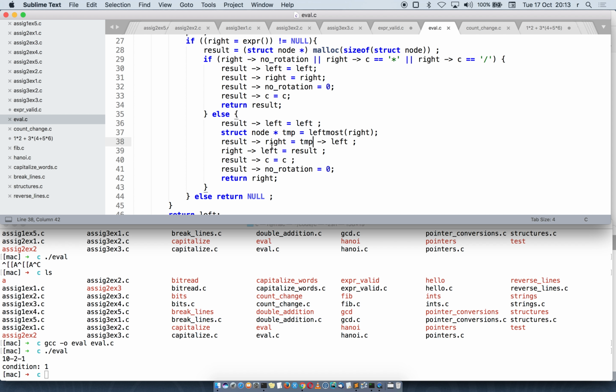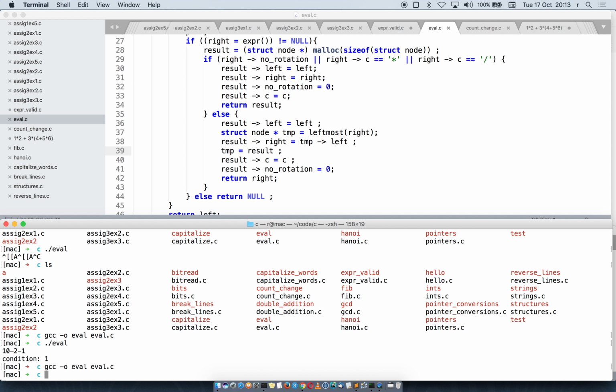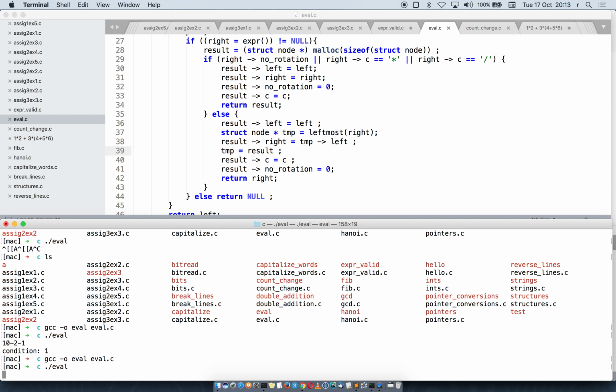Then leftmost arrow left has to become result. But that we haven't done either. So instead of having result left equals result, this has to become TMP. So that should fix the minus, and then we're going to do the division.